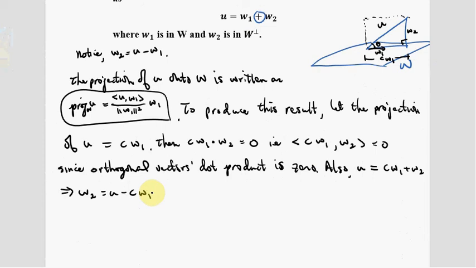To get the vectors in W perp, they will look like U minus W sub 1. Basically, I'm looking for all vectors that are parallel to W sub 2, which is going to be that vector U minus something else. That's important because you'll see it and you'll say, where does that come from? It comes from this U minus C W sub 1 is putting me upstairs, that the vectors are standing up, right? W sub 2 and everything that looks like W sub 2.